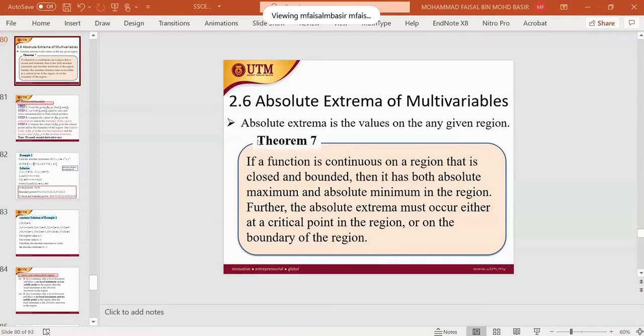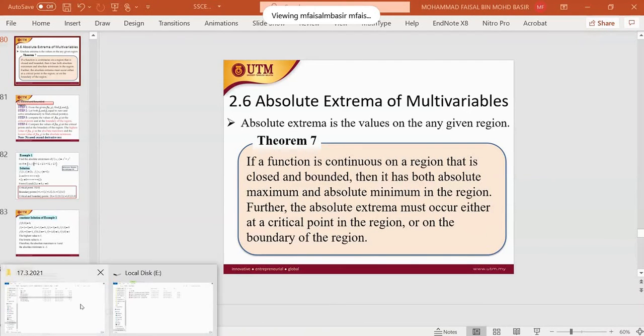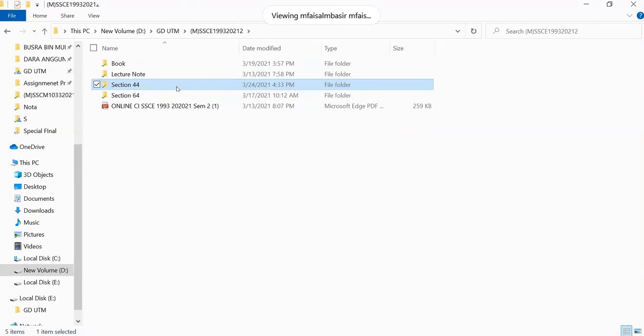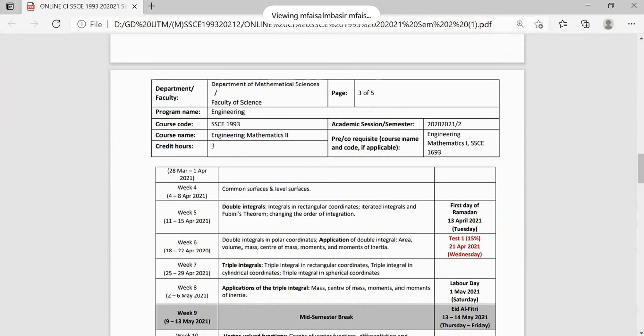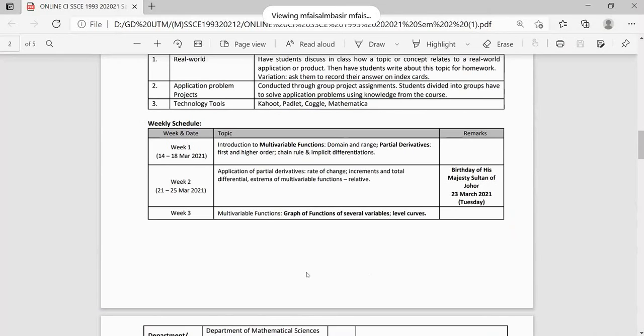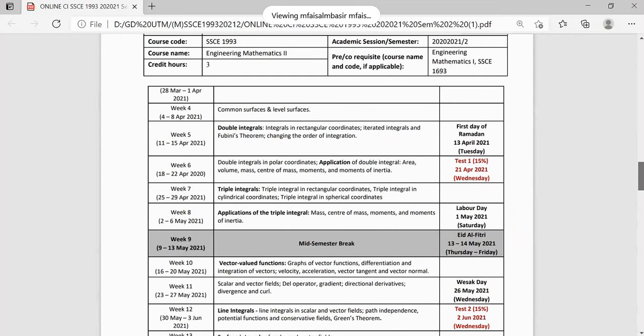I think absolute is out of syllabus. Let me check the course outline. So I see here, we have done domain range, partial higher order yesterday, chain rule and implicit also yesterday, rate of change we have done one question, increment and total differential done, extrema relative. We don't have absolute here, so we will skip the absolute, but I think error should be here.